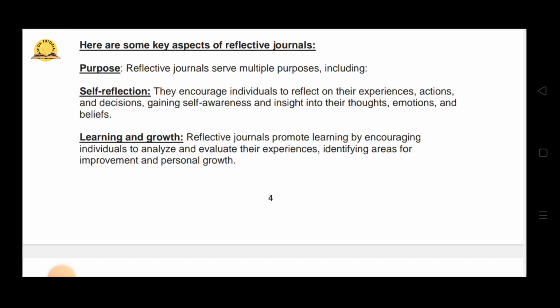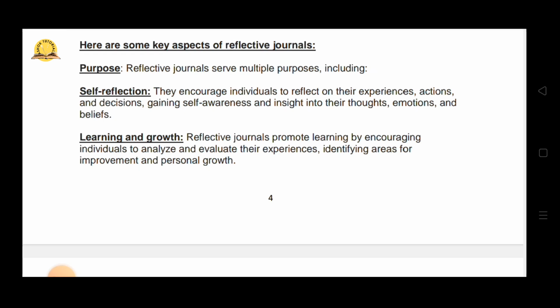So now, learning and growth. Let us see. Reflective journals promote learning by encouraging individuals to analyze and evaluate their experiences, identifying areas for improvement and personal growth. See, by practicing the reflective method of study, we can bring out our shortcomings, all right?